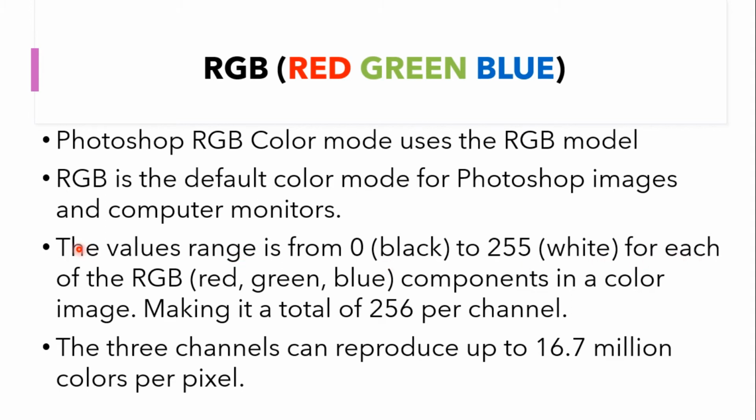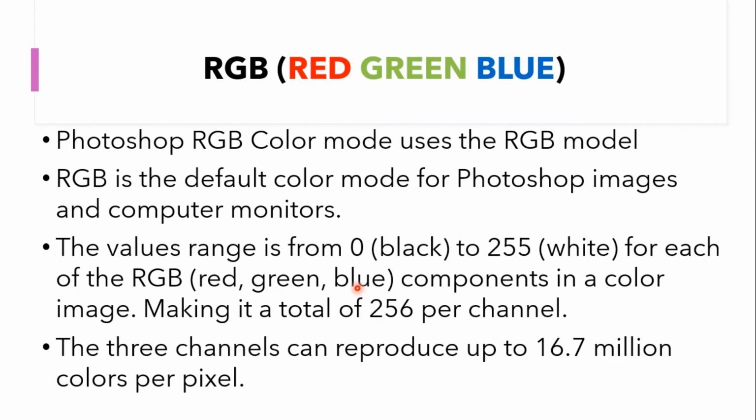The value range is 0 to 255 for each of the RGB components in a color image, making it a total of 256 per channel. That means for red you have 256, green you have 256, blue you have 256.